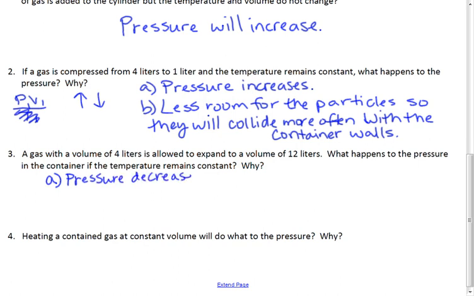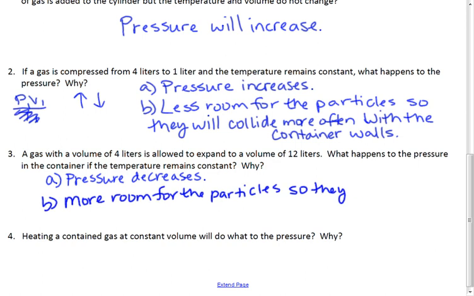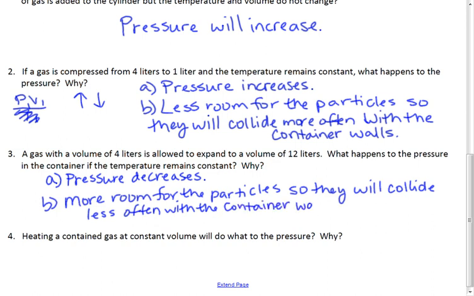There's more room for those particles to move around, so they will collide less often with container walls. This is the opposite of what we saw in number 2.